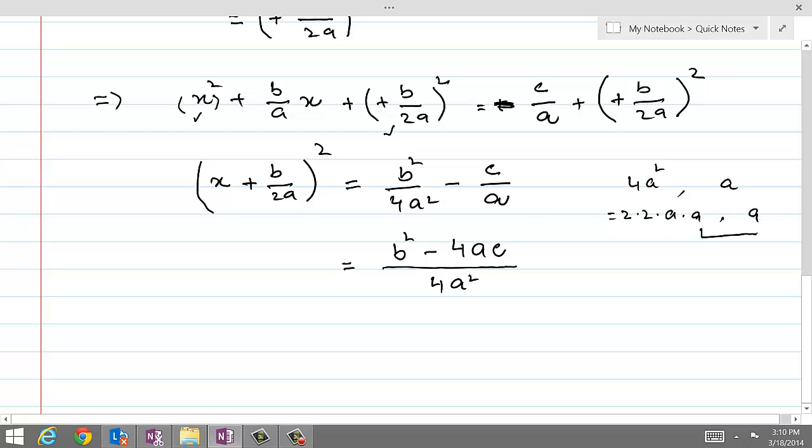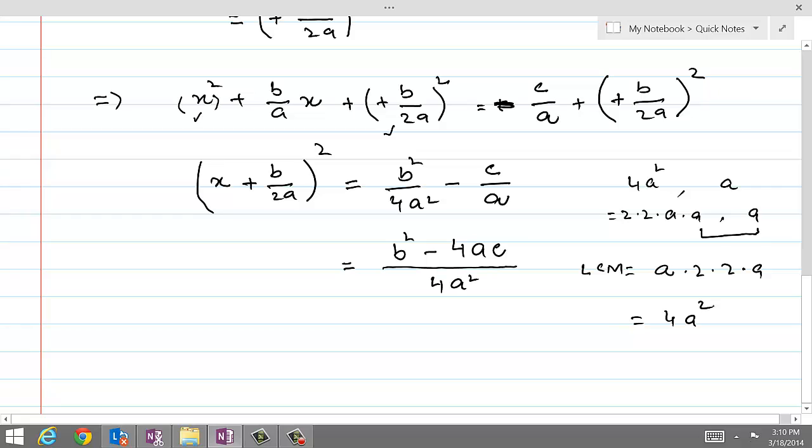We take the common factor, which we write only once, and then all the uncommon factors, 2 times 2 times a, so the LCM is 4a square.